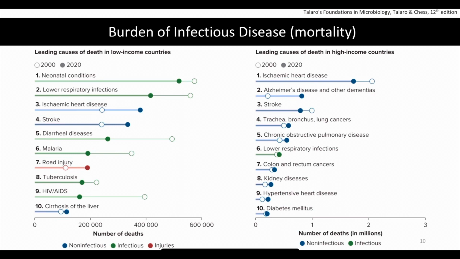This is important because it can range from a few people to thousands to hundreds of thousands to millions. And if we look at what is killing a lot of people around the world, this can range from things that are not associated with microbes like diabetes, hypertensive heart disease, and it can involve other things like lower respiratory tract infections, upper respiratory tract infections, kidney disease, etc.